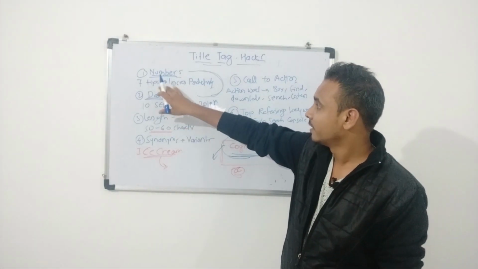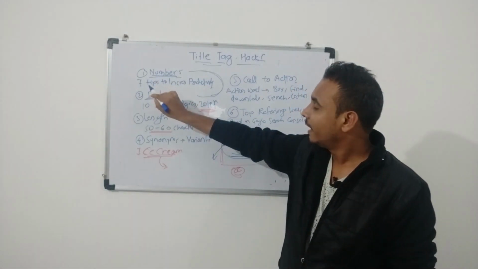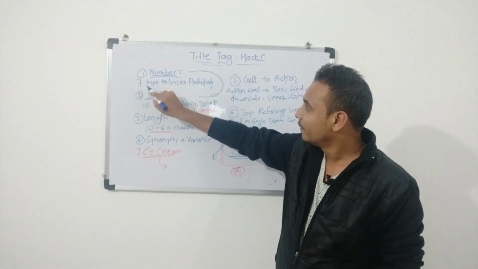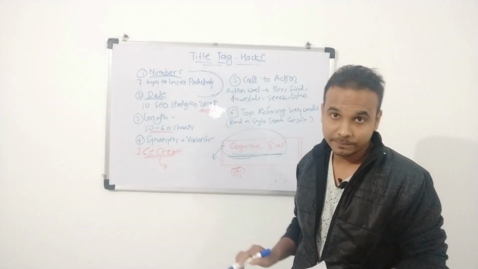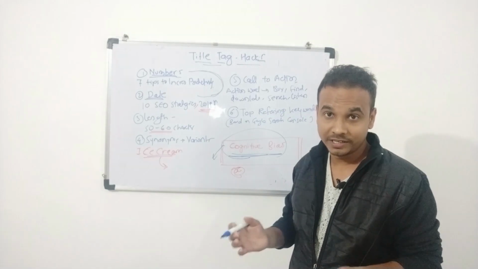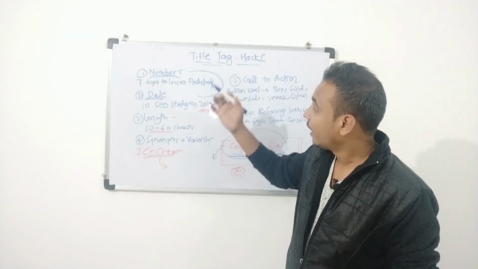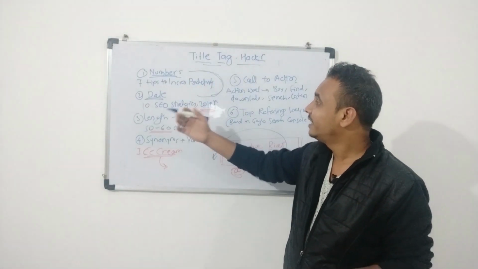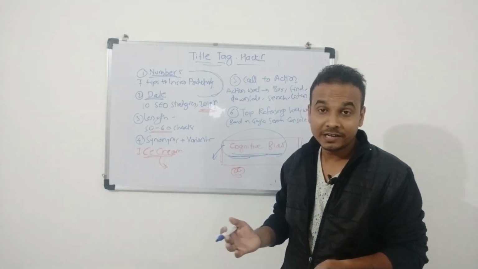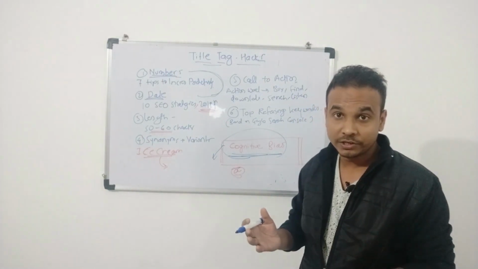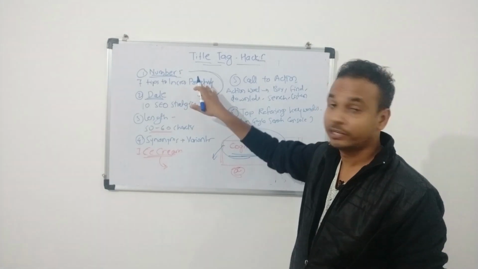For example, this title is '7 tips to increase your productivity'. So the article must be about increasing productivity. This could have been 'tips to increase the productivity', but instead we are using '7 tips to increase the productivity'.